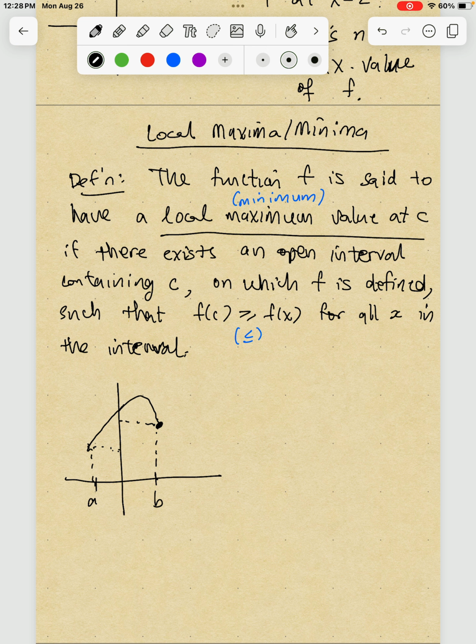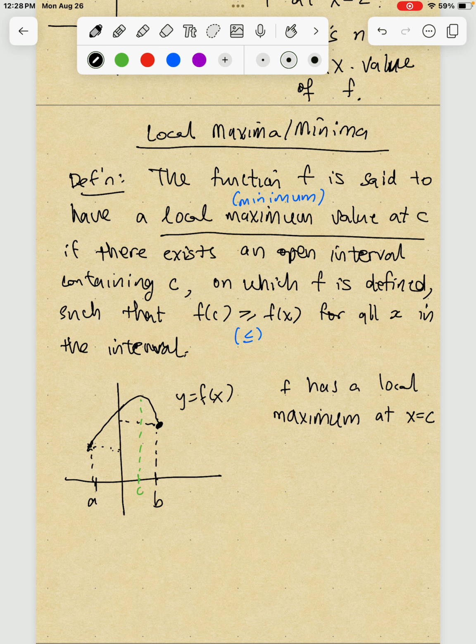Now, let's say that C is this x value. Then this function f has a local maximum at x equals c.